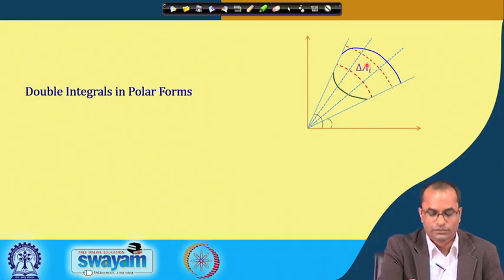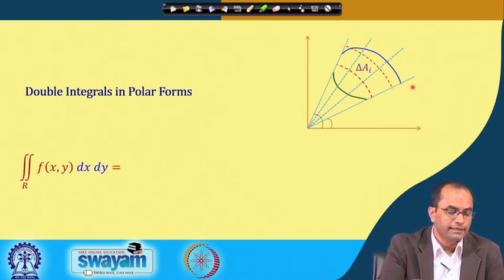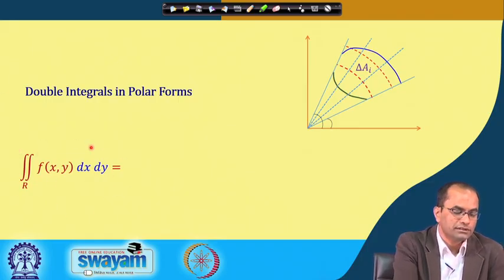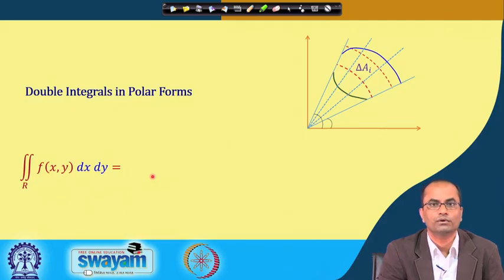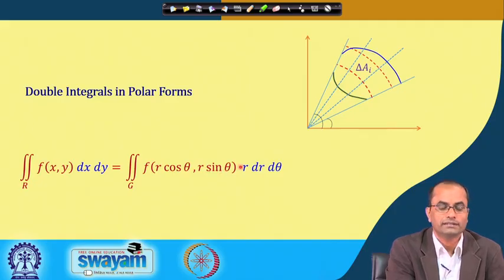area, and which was coming to be r times delta r and delta theta. Delta theta was the angle here, and r was the radius from this to the circular arc. And in that case, the whole idea was that if we have the integral here in the Cartesian coordinates, we can convert into the polar coordinates by just substituting x and y to r cos theta and r sin theta, and this dx dy will become r dr d theta.